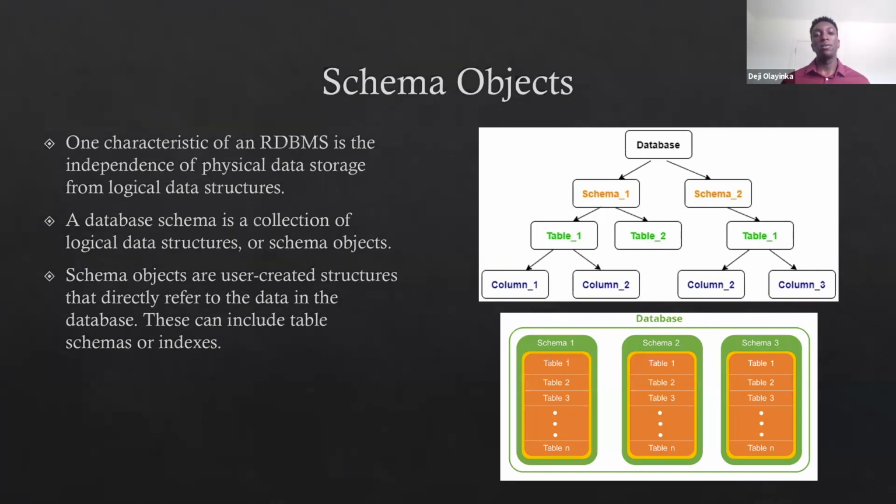These schema objects are user created, so we define them and we make them usefully organized so that business people can understand where data would be and how they can interact with the database.